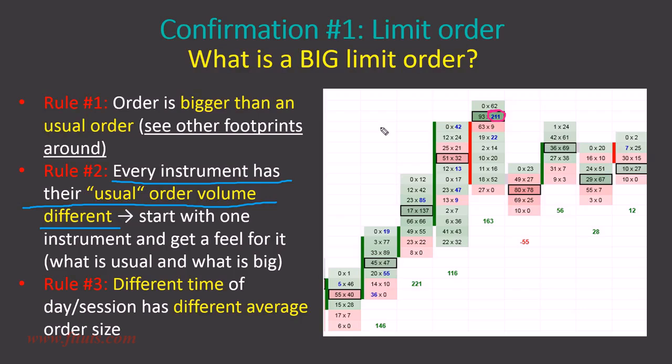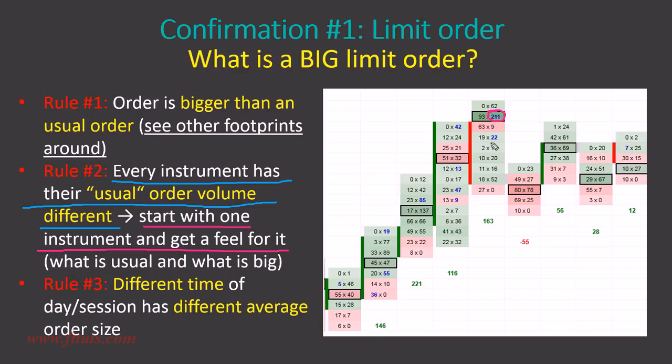So every instrument has its usual order volume, and that's why I recommend that you start with one instrument and get a feel for it. For example, you start with the Euro futures and you only do this with the Euro futures, and you'll get the feel for it.